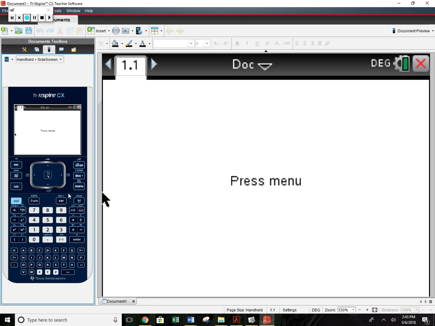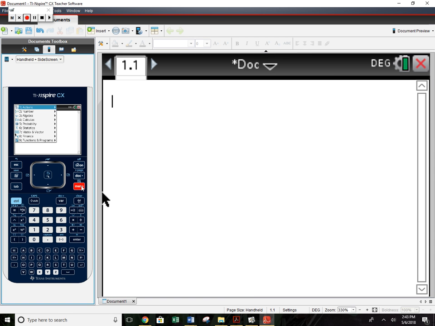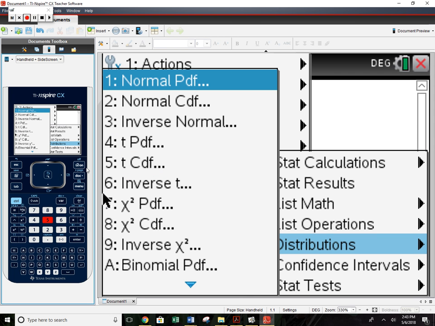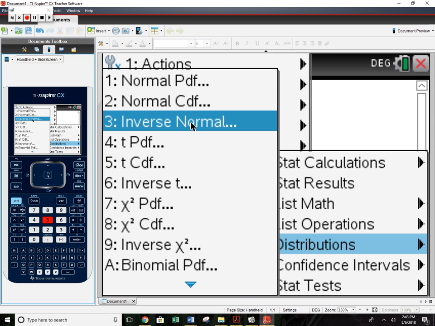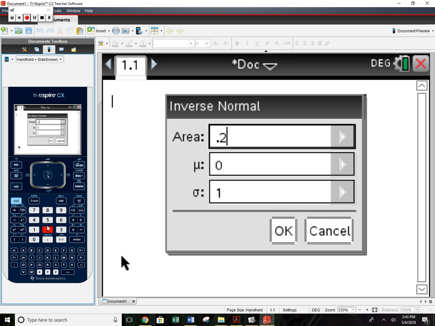Okay, once you get everything set up, you're going to go menu 6, 5, it's a distribution, and we're going to use the inverse normal. I want to know what's at the 25th percentile. So the area, I'm going to type in 0.25.